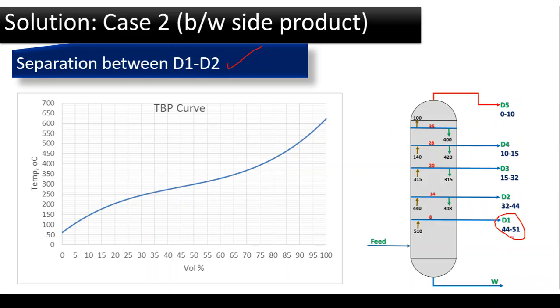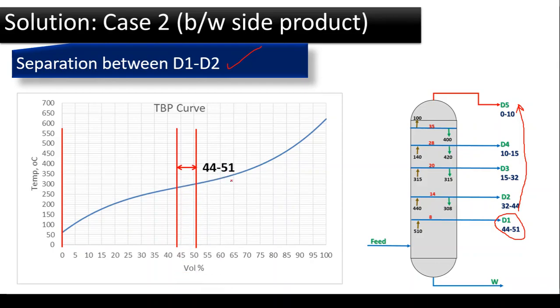So if we look at D1, that is 44 to 51. So this is about D1, 44 to 51, and apart from D1, all the others, D2, D3, D4 and D5, are taken from 0 to 44. So 0 to 44 is all the other products and 44 to 51 is D1.